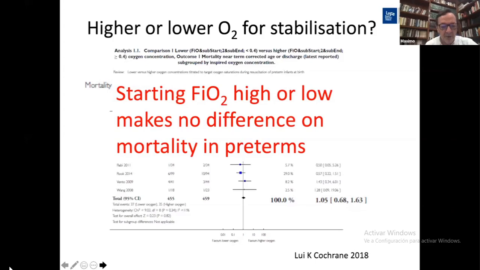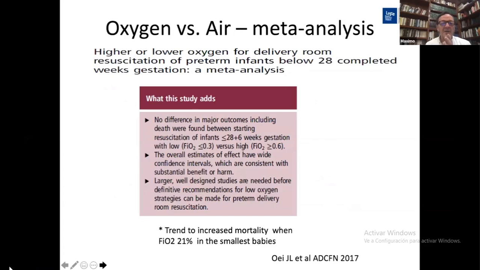However, and this is important, when we look at the lower gestational ages, and we are speaking of babies of less than 27 weeks of gestation, we see that babies in this group have more difficulties reaching SpO2s higher than 80 at 5 minutes.